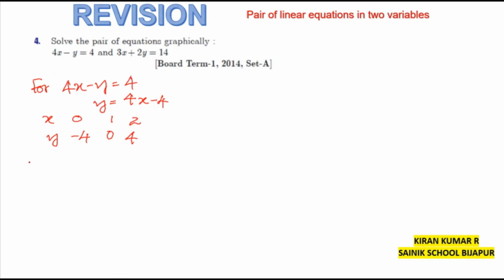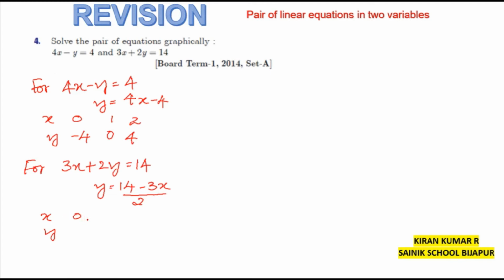And the second equation, for 3x plus 2y equal to 14, I can write y as 14 minus 3x upon 2. Always you should choose the value of x such that the value of y obtained is some integer. It becomes easy for plotting the graph.